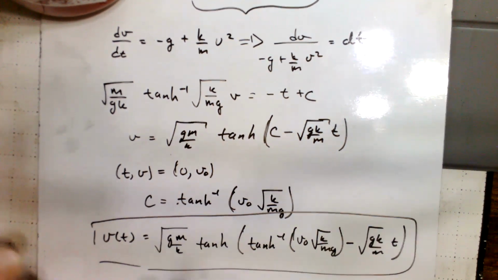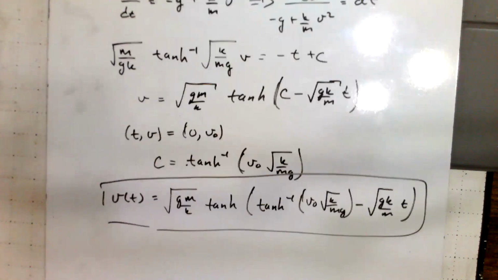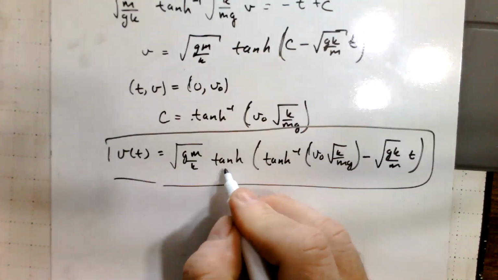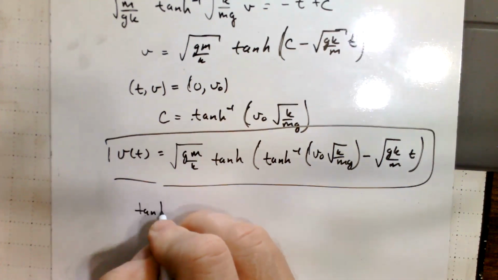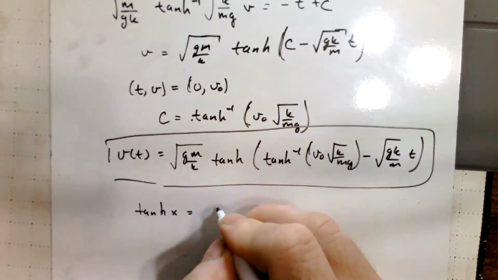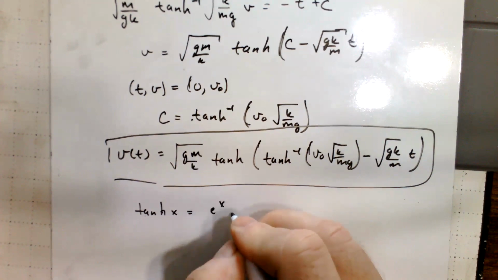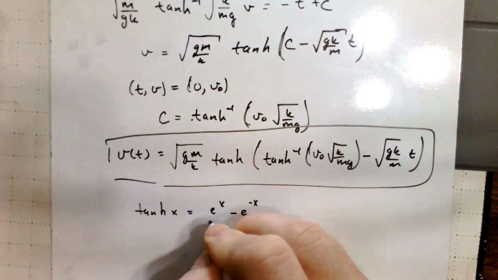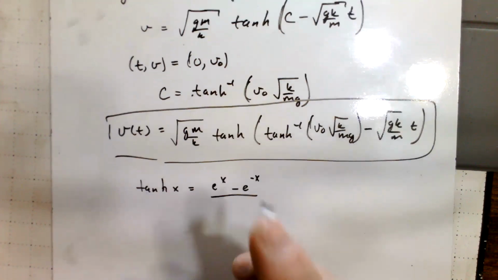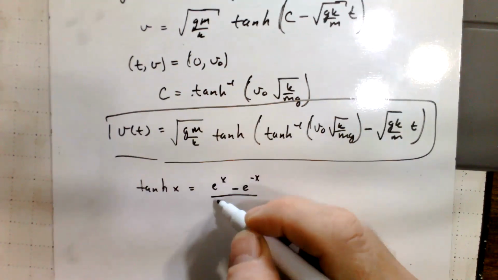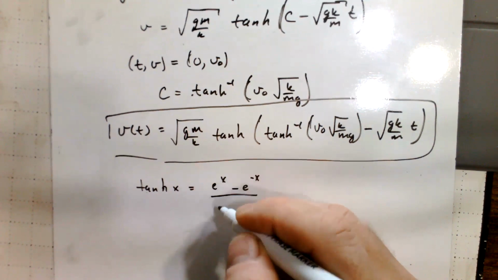Just one last little note to highlight. Since tanh is built from exponential functions, namely tanh of x is equal to e to the x minus e to the negative x over e to the x plus e to the negative x. Just like in trig where it's sine over cosine, it's sinh over cosh.